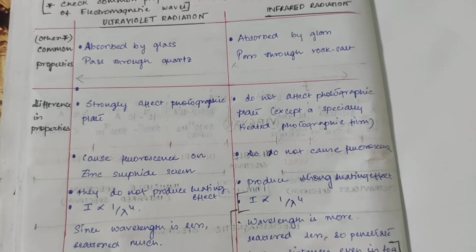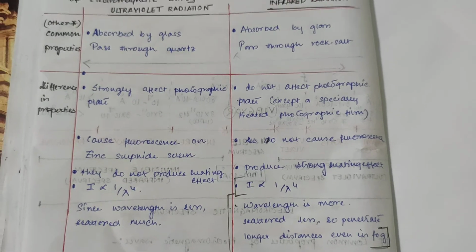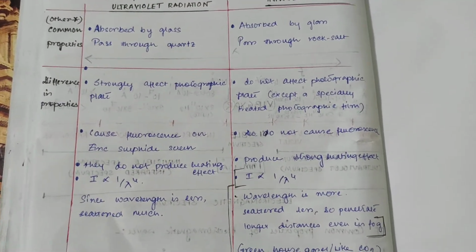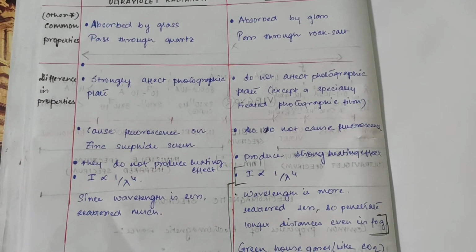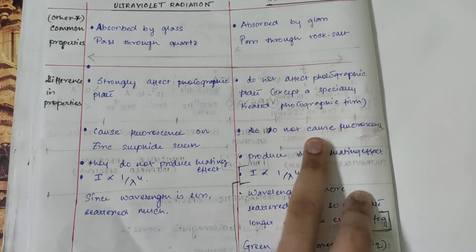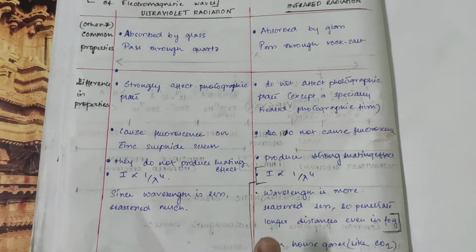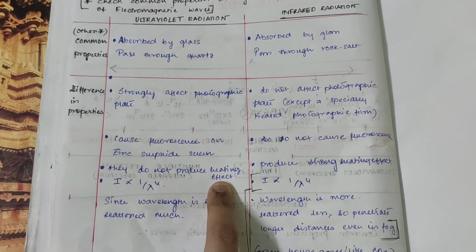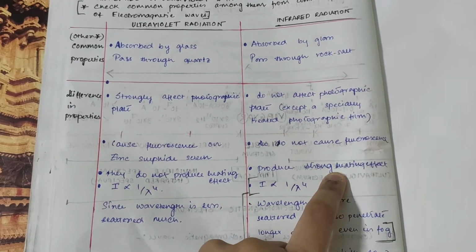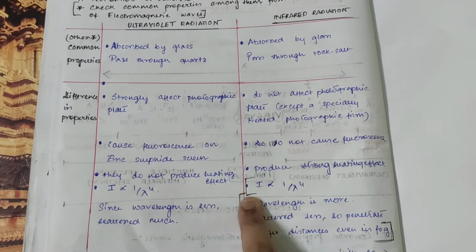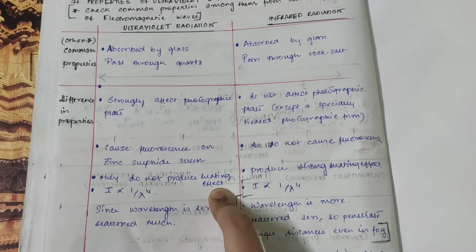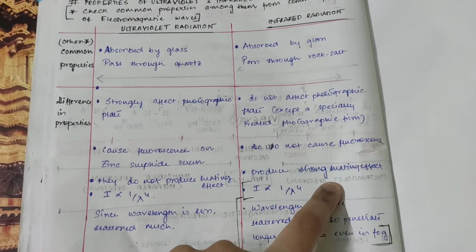Then ultraviolet rays cause fluorescence on a zinc sulfide screen, but infrared does not cause any fluorescence. Ultraviolet rays do not produce a heating effect, whereas infrared rays produce a strong heating effect.